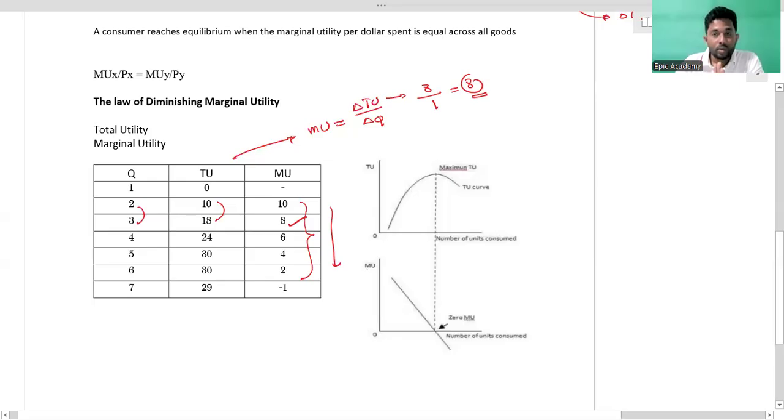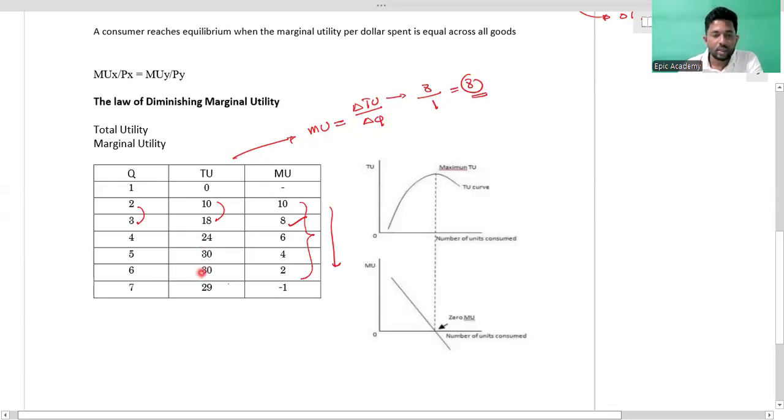First of all, you have to identify the critical point here. When you reach the maximum total utility point, that means 30, when you consume 5 and 6, it reaches the maximum total utility.